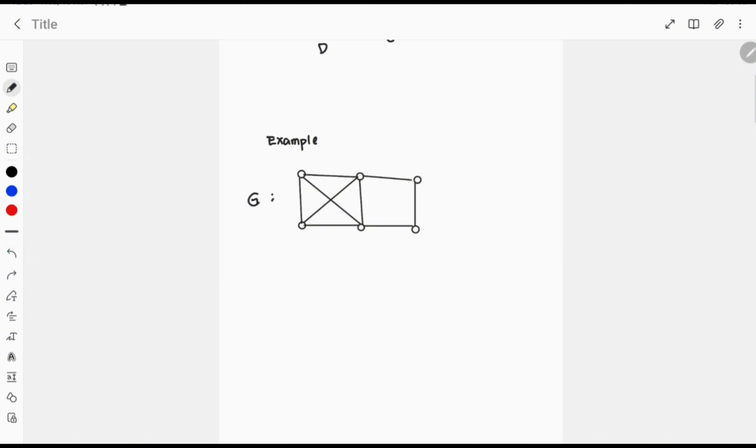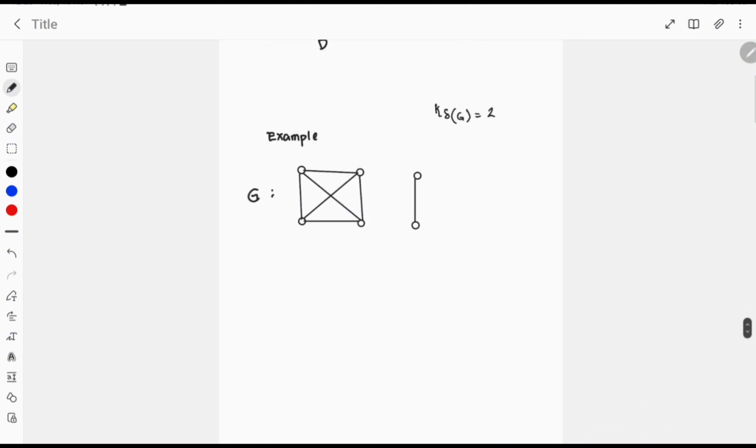So if we remove one edge, it's still not disconnected, but if we remove 2, it's already disconnected. And here, just like in C5, we have a complete graph, and this one is 2. So K sub delta of G is equal to 2, and we have this graph.